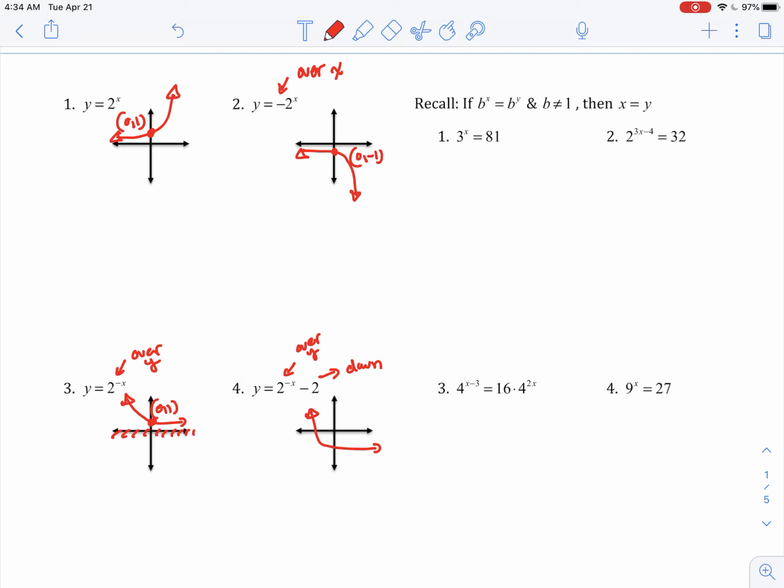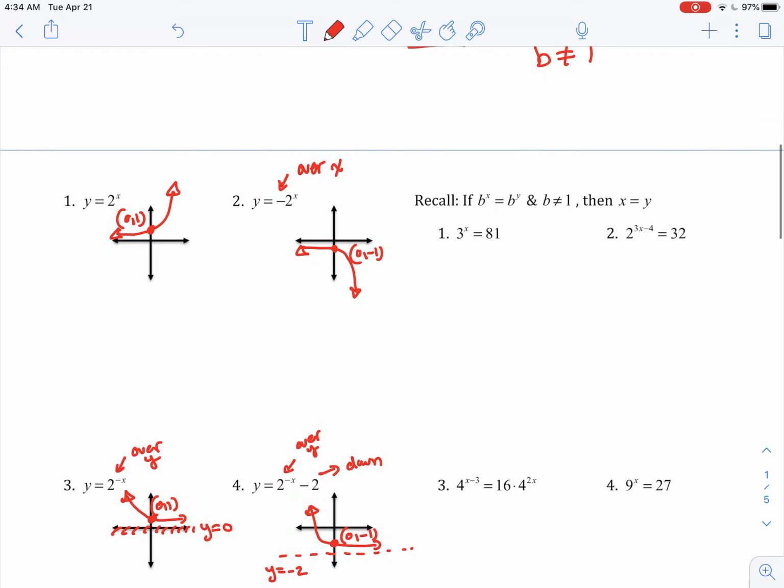Keeping in mind that we had this horizontal asymptote at y = 0, if everything is shifting down, we would now have our horizontal asymptote down here at y = -2. And our y-intercept, if we replace x with 0, we know that 2^0 - 2, or 1 - 2, would give us -1. So we would have that y-intercept at (0, -1).